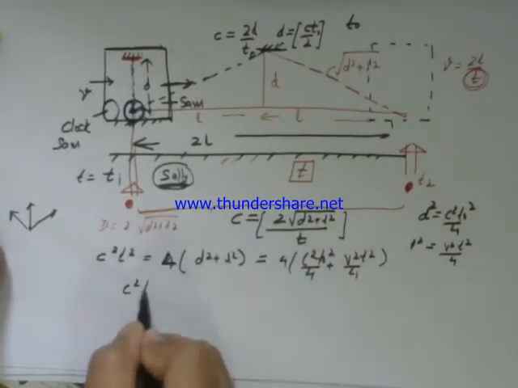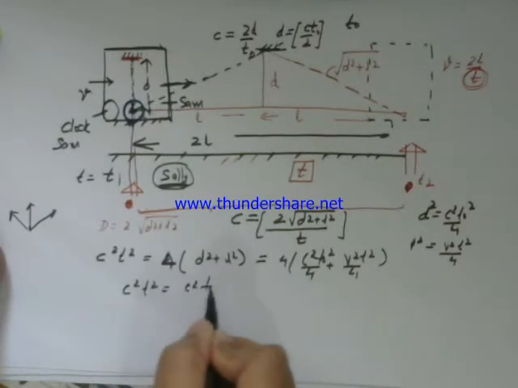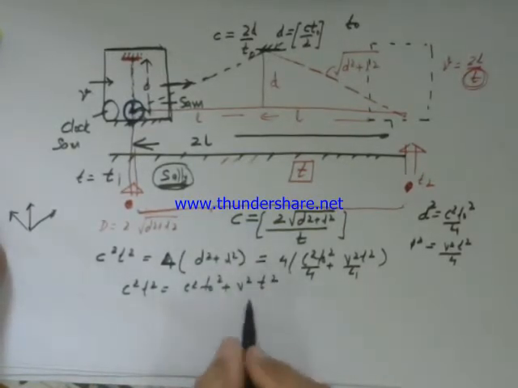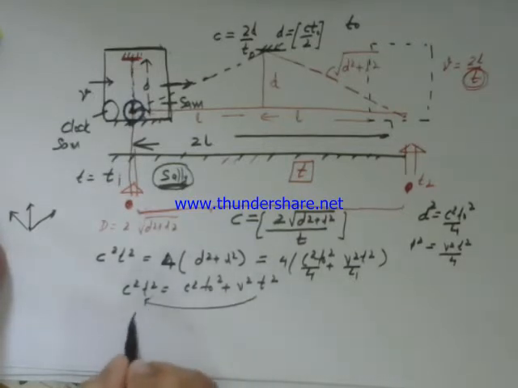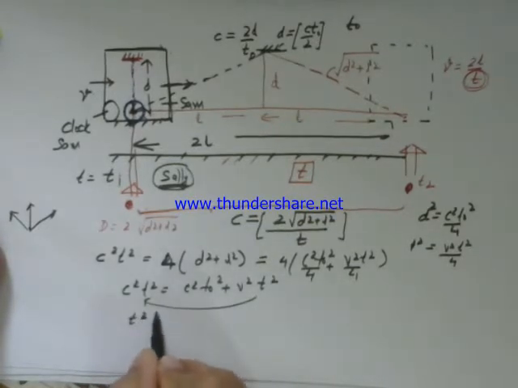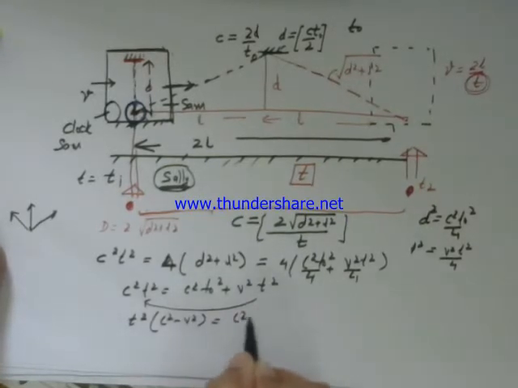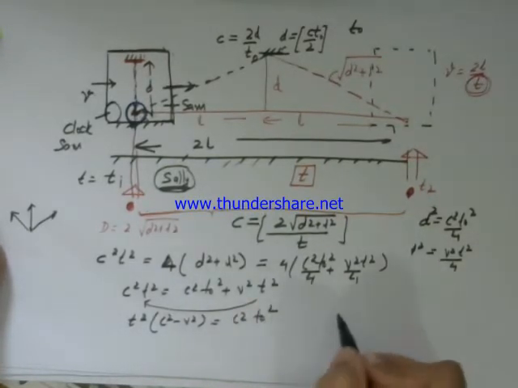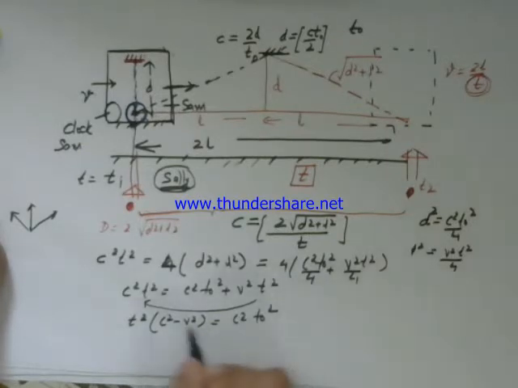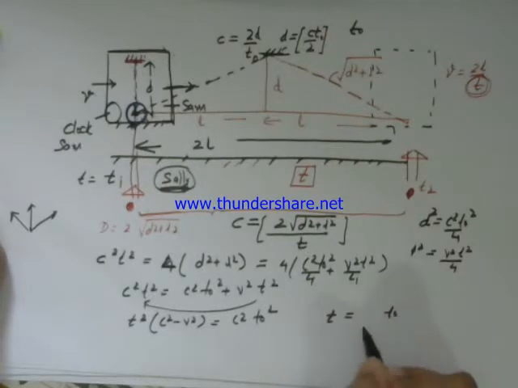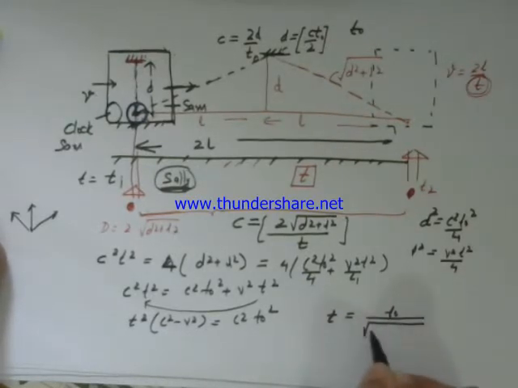So c square t square becomes c square t0 square plus v square t square. Bring t on the same side, so it becomes t square times c square minus v square is equal to c square t0 square. So take the square root, divide by c square. So this becomes t is equal to t0 divided by square root of 1 minus v square upon c square.